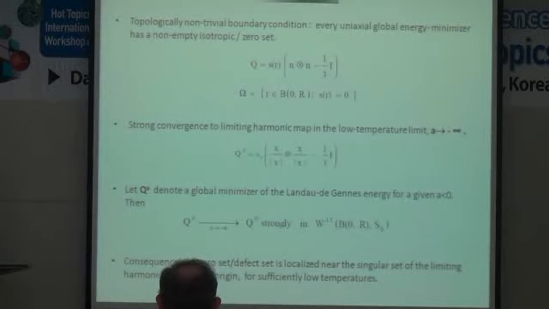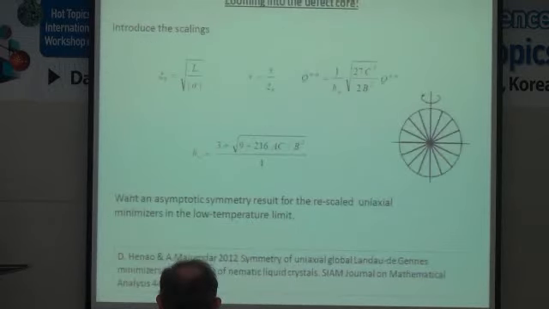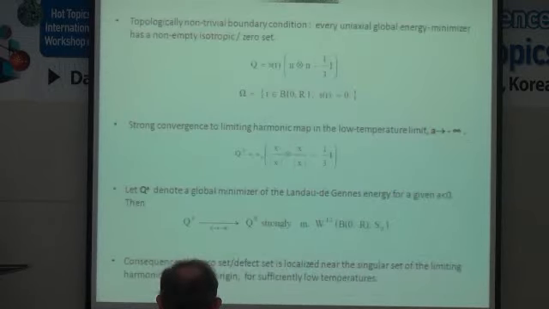Now for the first question, which is the location of the 0 set, I can prove that if I take a sequence of these constrained minimizers, then these minimizers converge strongly in W^{1,2} to an explicit limiting harmonic map Q0 that you see there on the slide, in the low temperature limit.